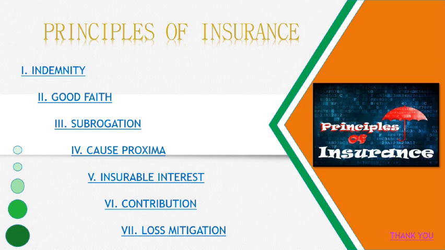They are the principle of indemnity, the principle of good faith, doctrine of subrogation or principle of subrogation, principle of cause proxima, principle of insurable interest, principle of contribution, and lastly the principle of loss mitigation.